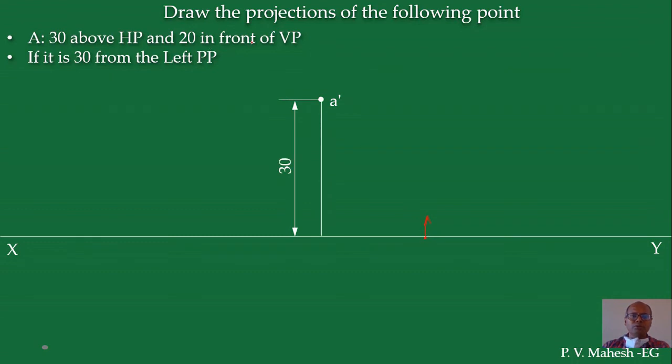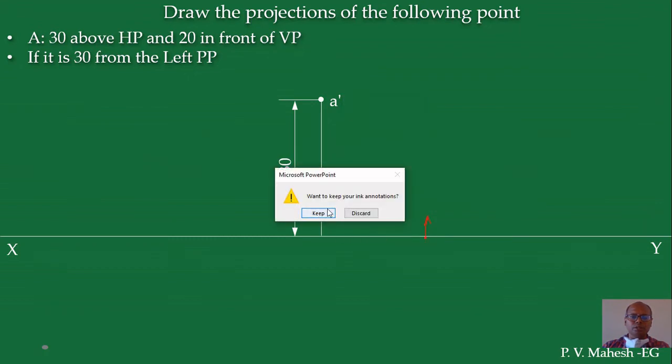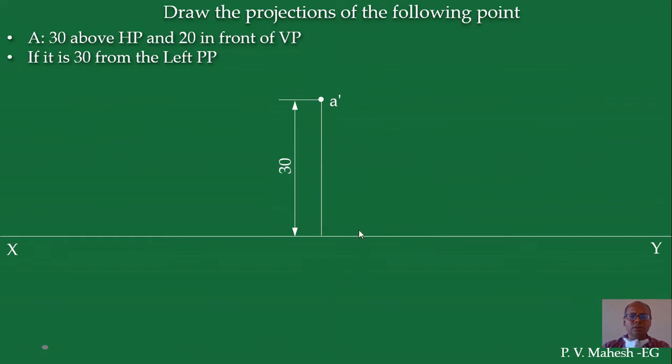And in top view, this XY represents the vertical plane, and the point is 20 mm in front of the vertical plane, so it is 20 mm below the XY line.